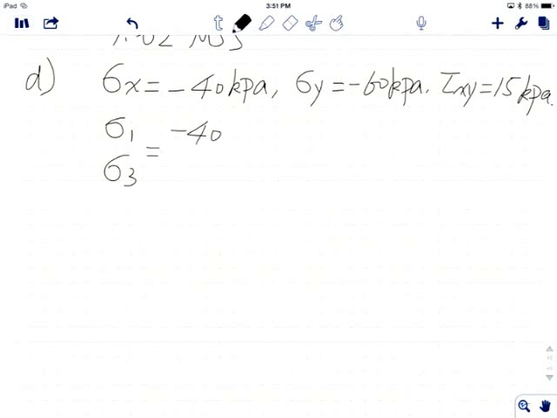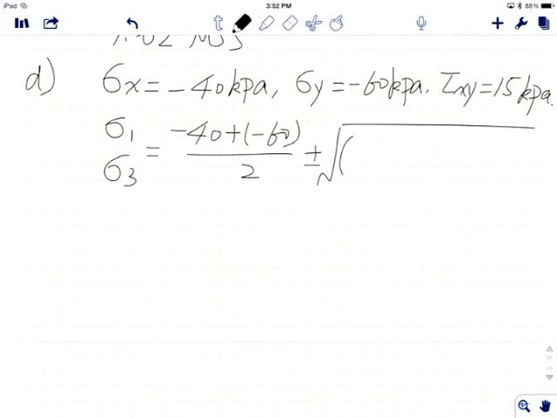So you have negative 40, you have negative 60. In this case, why isn't 0 your maximum? 0 is my maximum, but I still need to calculate the principal stress. Good question. Actually 0 is my maximum, but I still want to know the minimum. Okay.